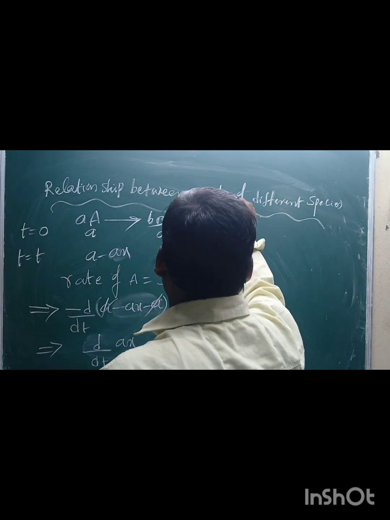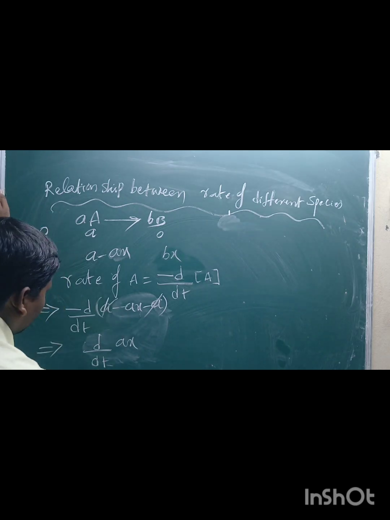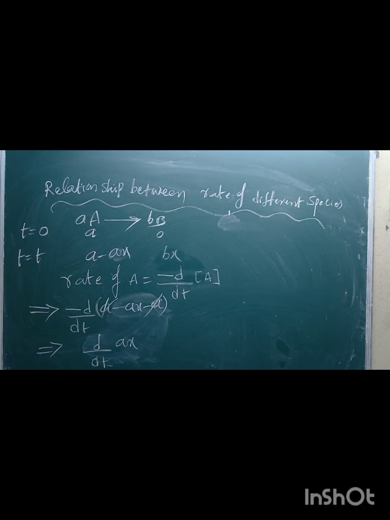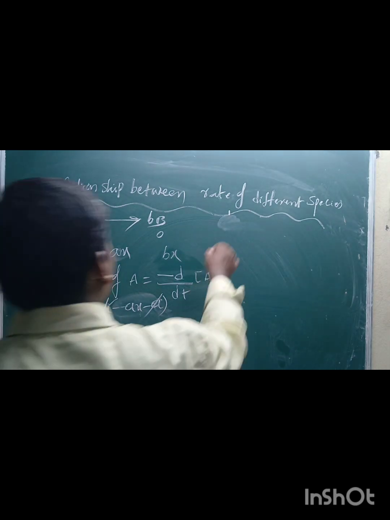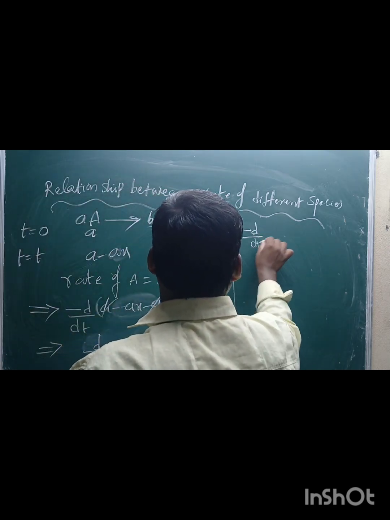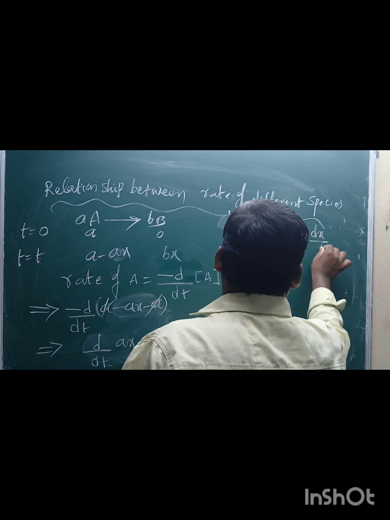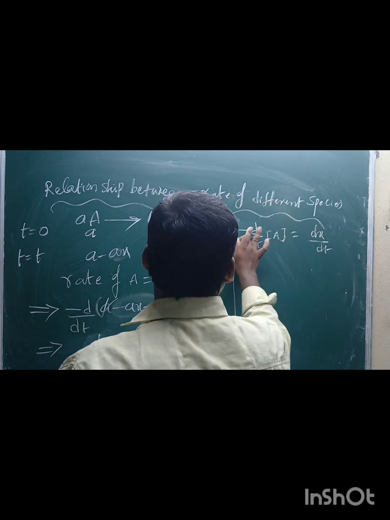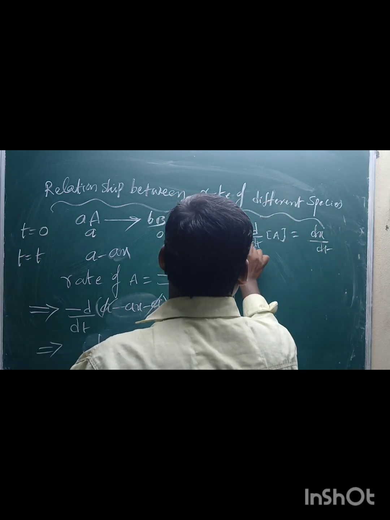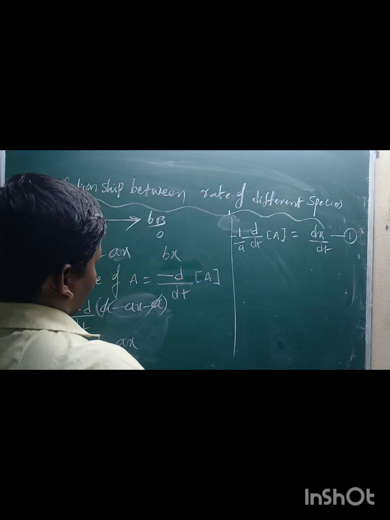Here rate of a is nothing but minus d by dt of concentration of a is equal to dx by dt. Transposing this side, minus 1 by a. This is equation 1 with respect to a.